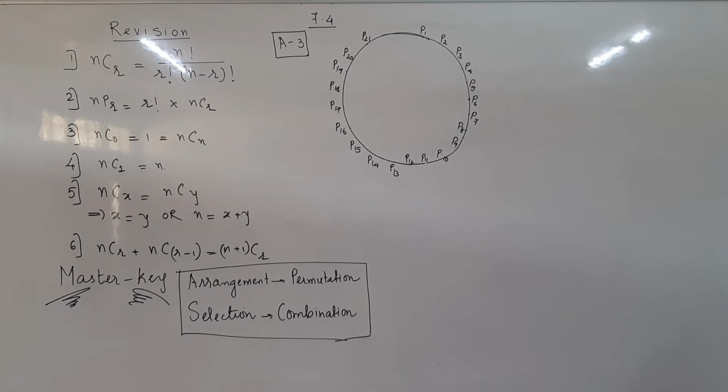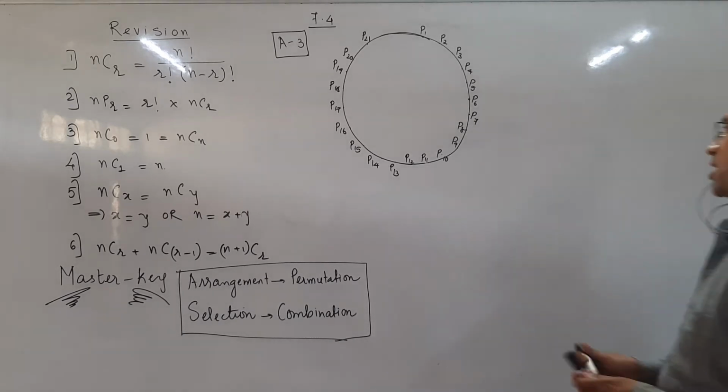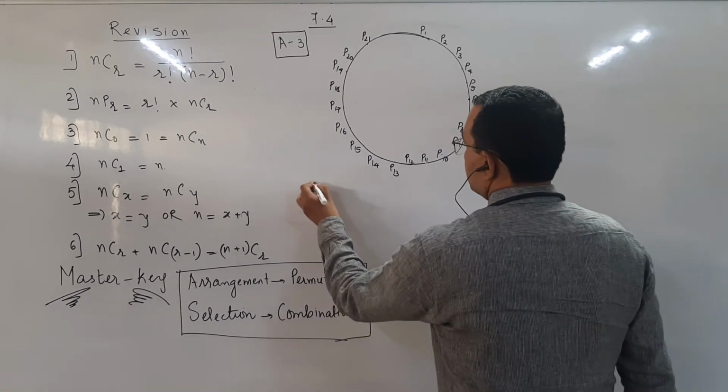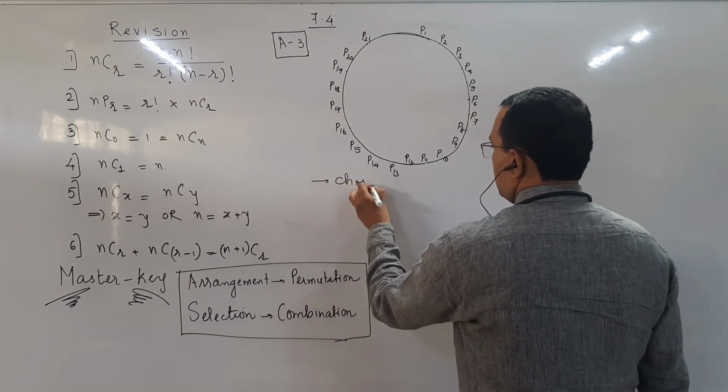Suppose these are the distinct 21 points on a circle. I have shown all the 21 points for your understanding. Using these 21 points, how many chords can be formed?